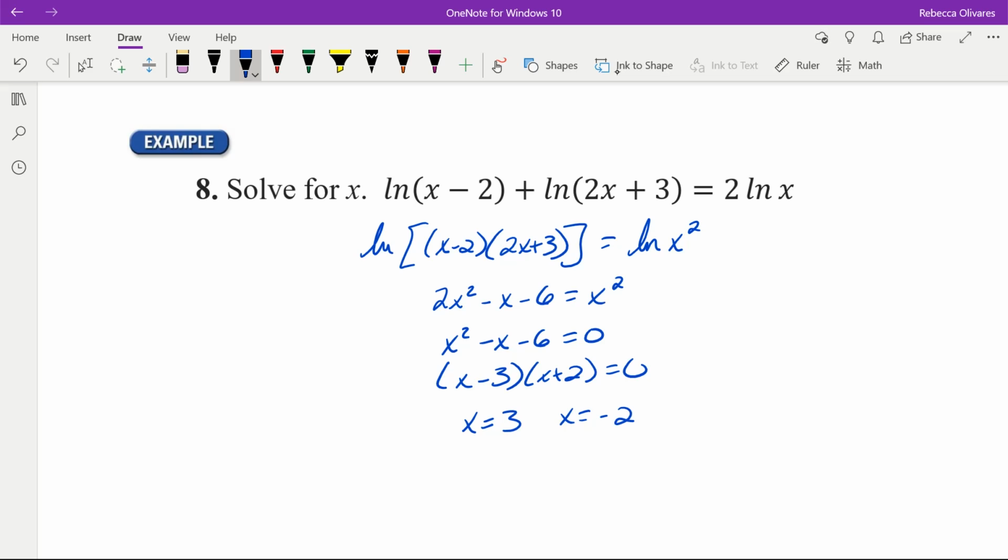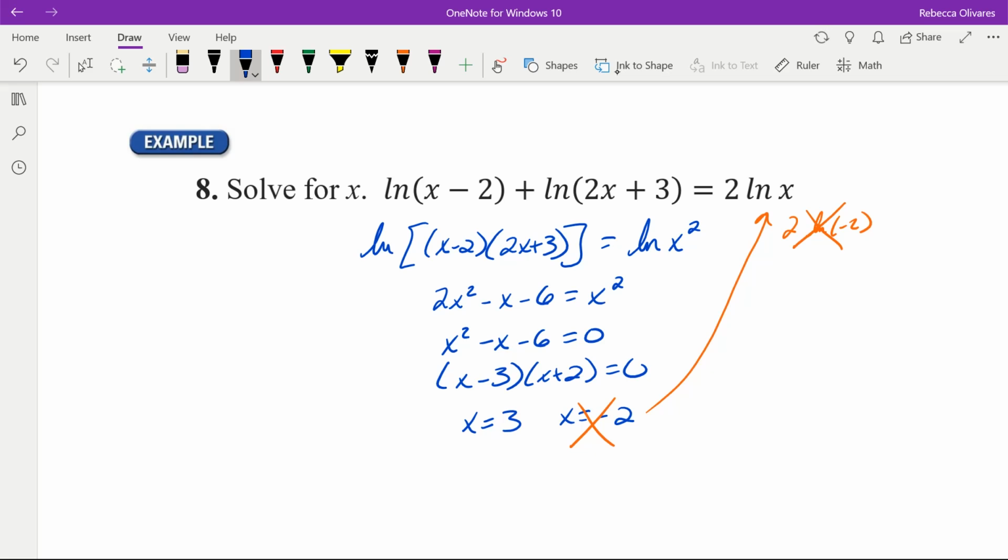So you might be feeling pretty good at this stage, but actually this negative 2, if we check it, we could go back up to say here, if you try to plug in a negative 2, if you're looking at 2 natural log of negative 2, that's no good. You can't plug a negative value into a logarithm. So that right there is enough to throw out the x equals negative 2. That's not a solution.